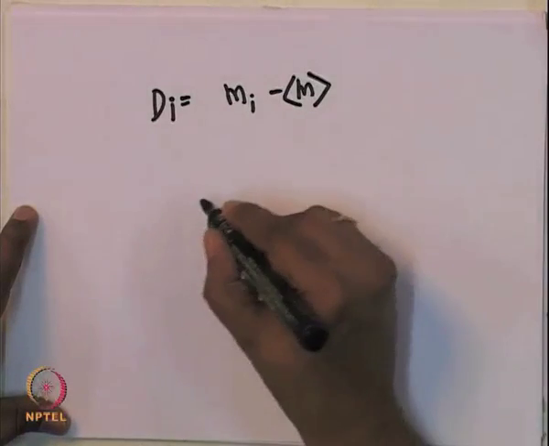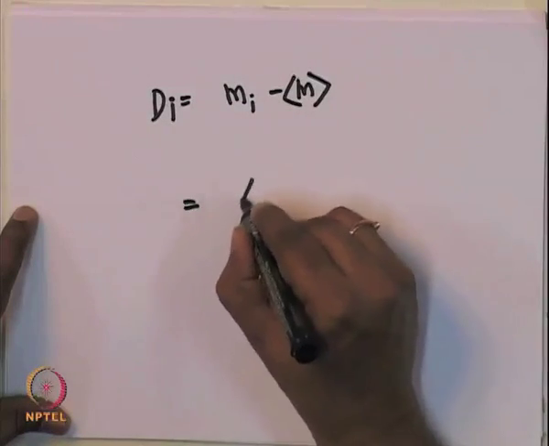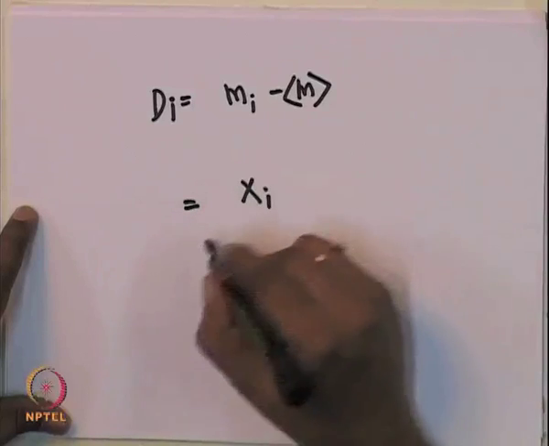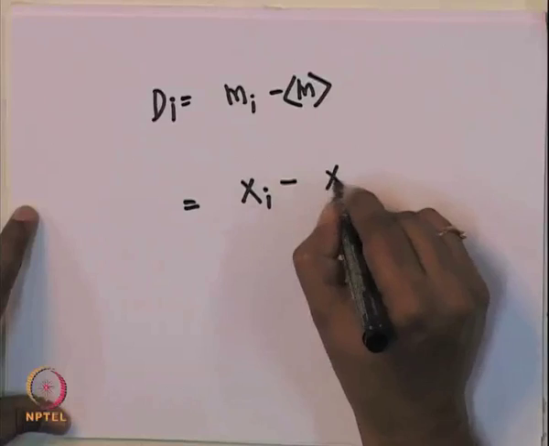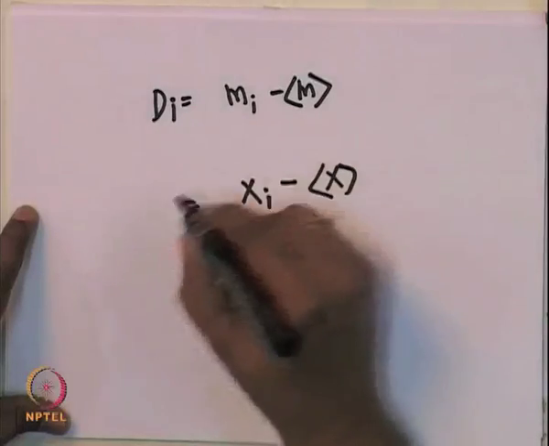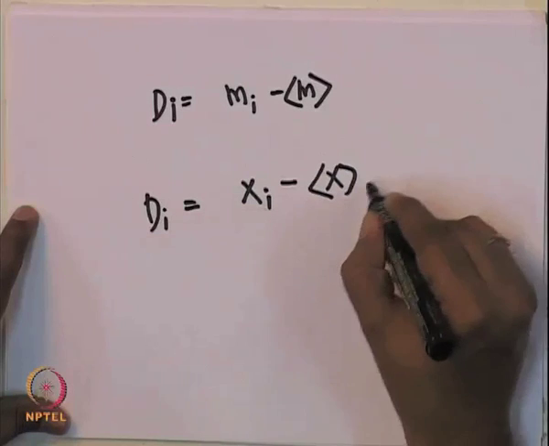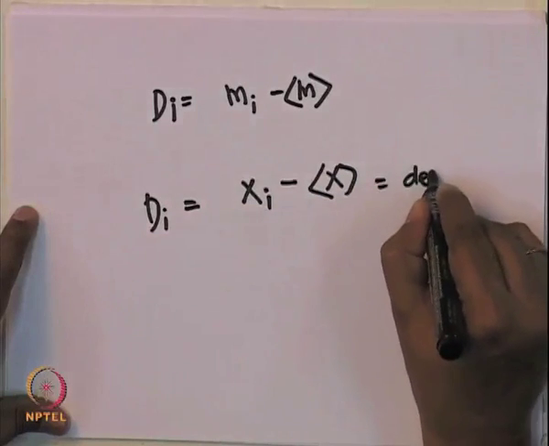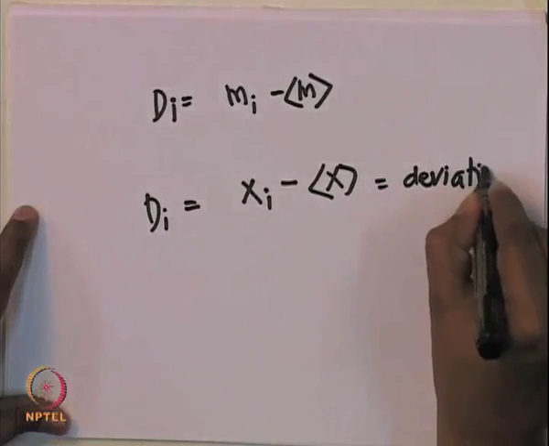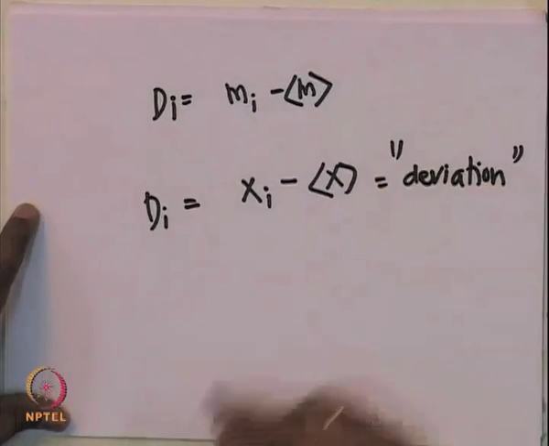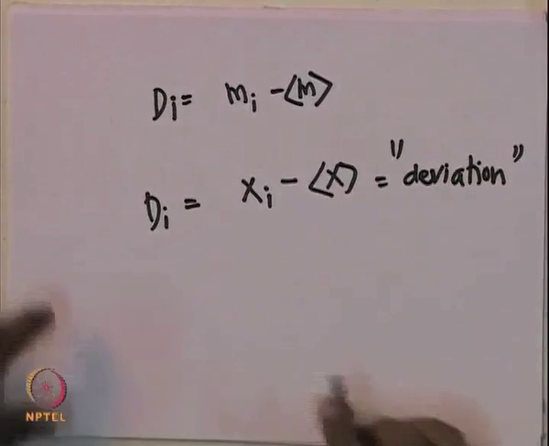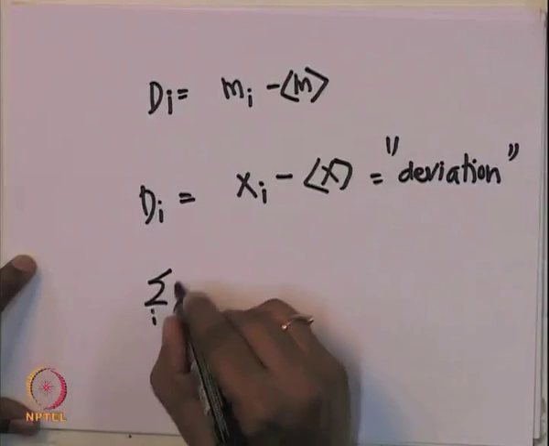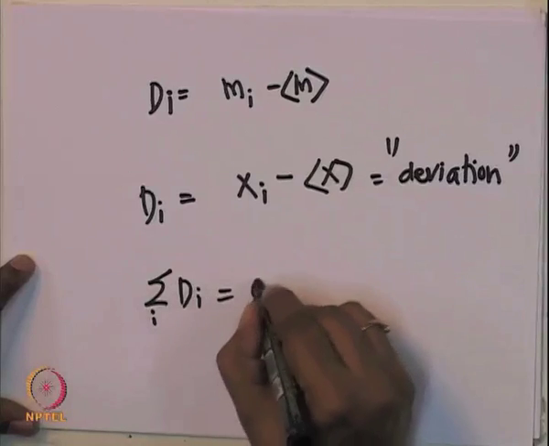Or if you are measuring some other variable, length or any quantity x, this can be written as d_i. We can call this deviation, and we found that the sum of the deviation is 0.